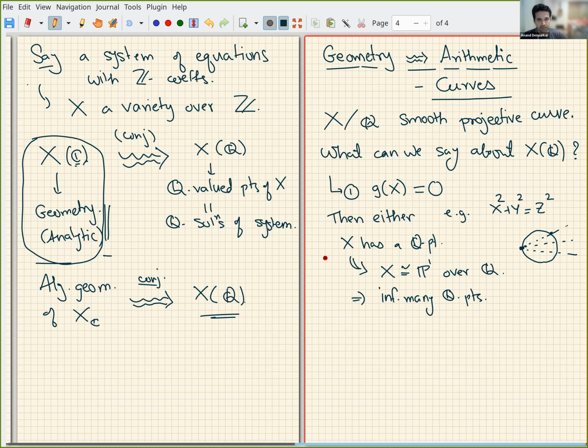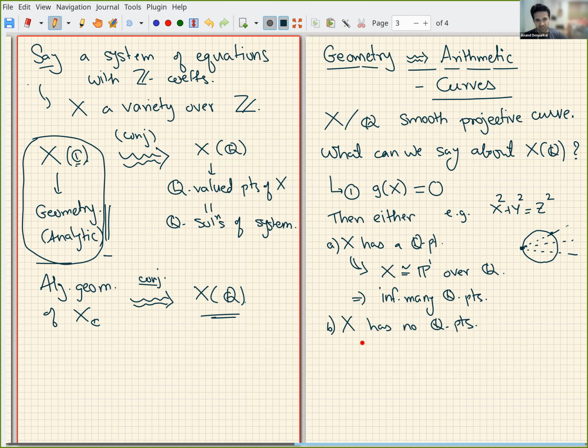Or it may happen that X has no rational points. Well, then maybe you're unlucky, but it will always have a point over a quadratic extension, an extension of degree 2.